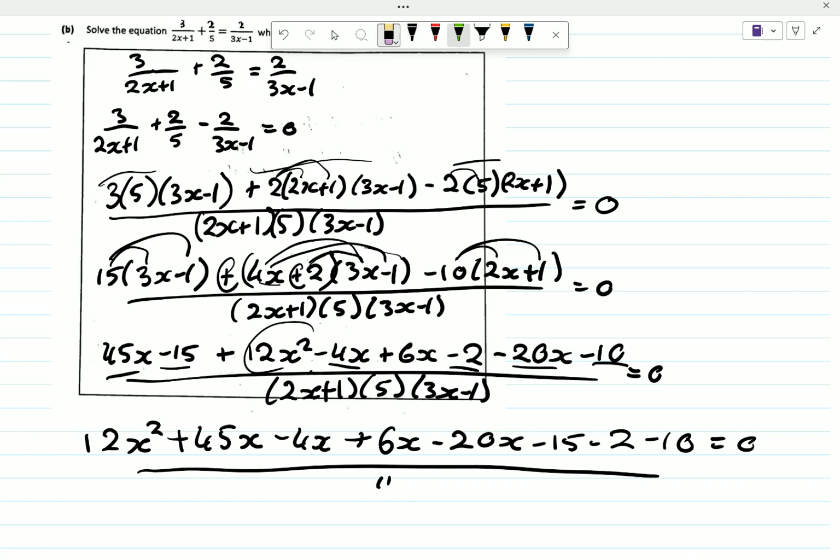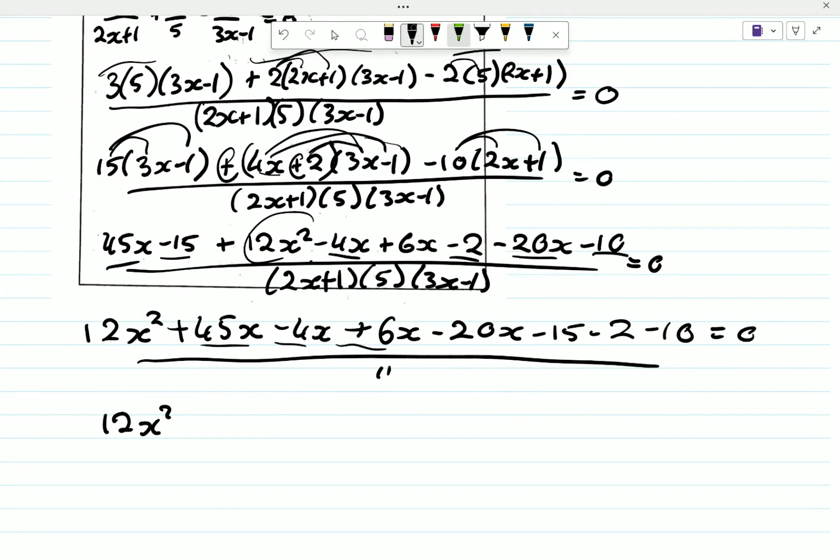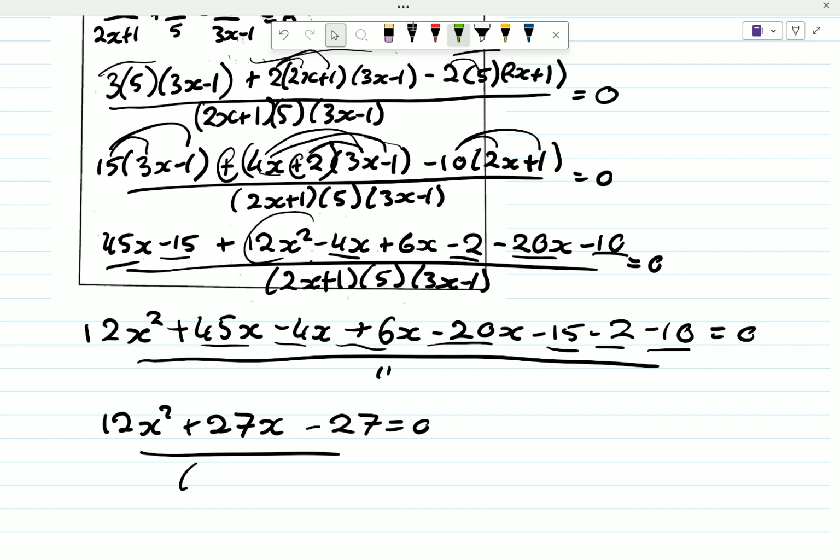This is just all three multiplied together, I just won't write it again. So yeah, add and subtract everything. 45 minus 4, 41, plus 6, 47, minus 20, 27. 15 minus 2 minus 10 is minus 27, equal to 0.